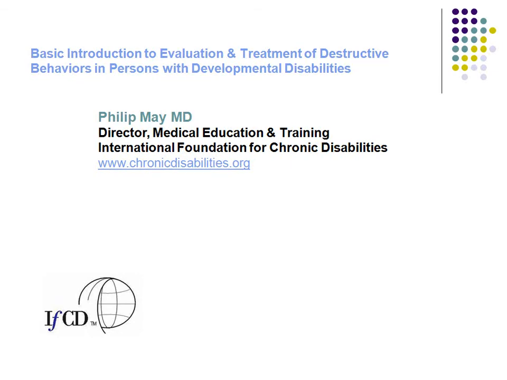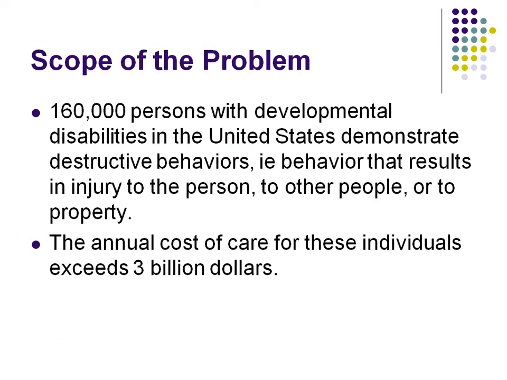I'll be speaking with you today about the basic introduction to evaluation and treatment of destructive behaviors in persons with developmental disabilities. There are roughly 160,000 persons with developmental disabilities in the United States today who demonstrate destructive behaviors.